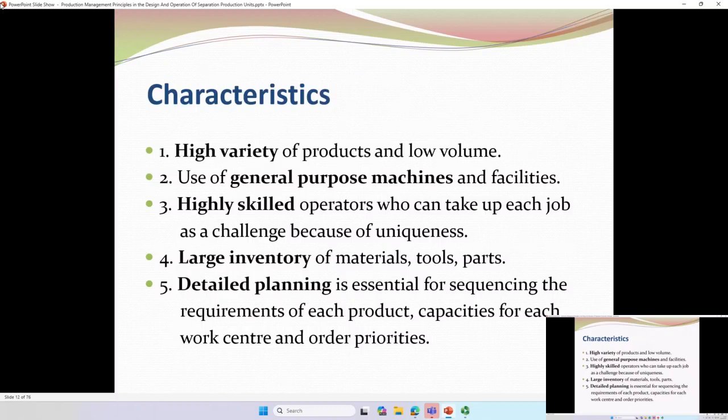High variety of products and low volume. The second one is the use of general purpose machines and facilities. Highly skilled operators who can take up each job challenge because of uniqueness. Because those people that have money, they like creating problems.